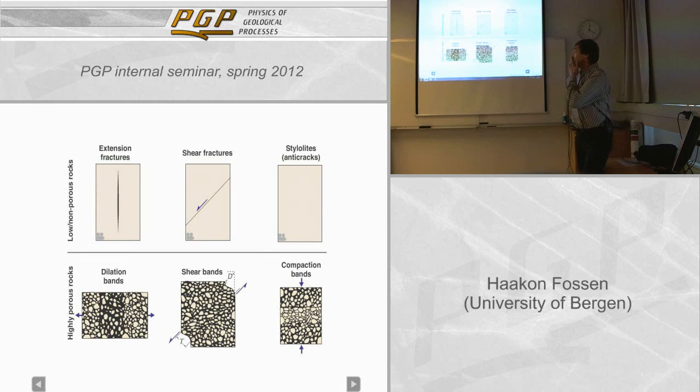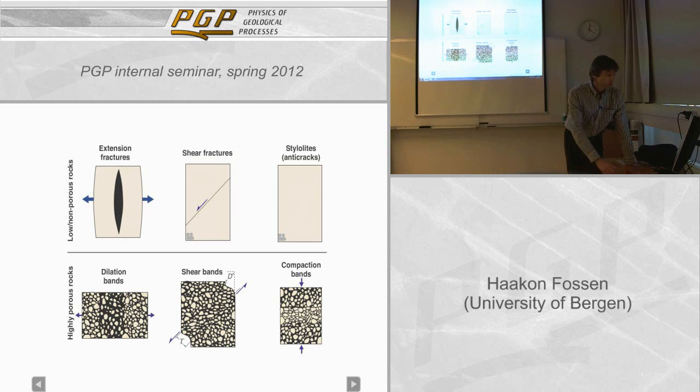So deformation bands. There are fractures and there are deformation bands, and I like to make a distinction between the two sets of structures. But there are, of course, many similarities. For example, when it comes to kinematics or the mode of deformation, we have extension fractures, which form in opening mode, like this.